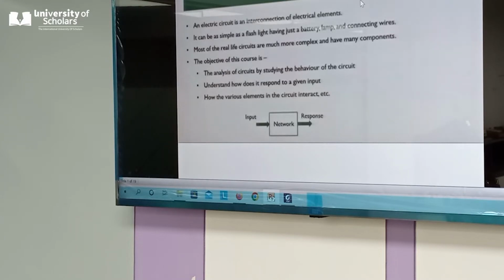So when scientists like Volta and Galvani developed the concept of generating electricity from chemical processes, the fundamentals of electricity came into the picture.